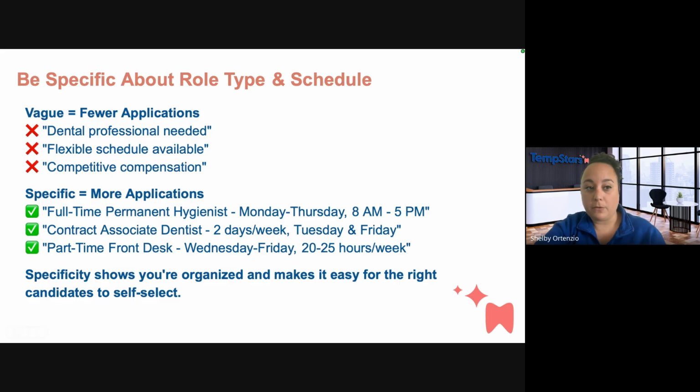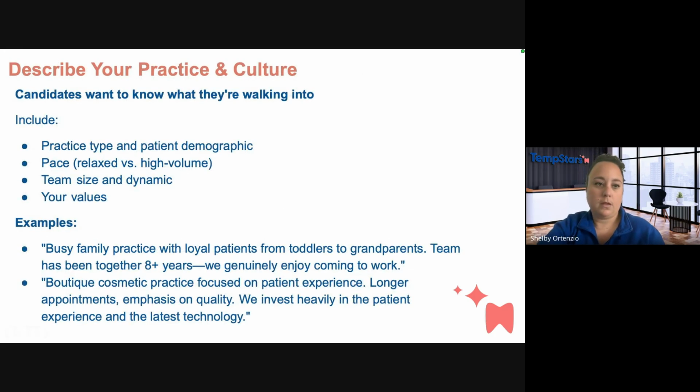Specific posts like full-time permanent hygienist, Monday through Thursday, 8 a.m. to 5 p.m. are going to get more applicants, because they know right off the bat, yes, that fits my schedule. The specificity shows that you're organized and makes it easy for the right candidates to self-select. They know immediately if it's going to work for them and their life.